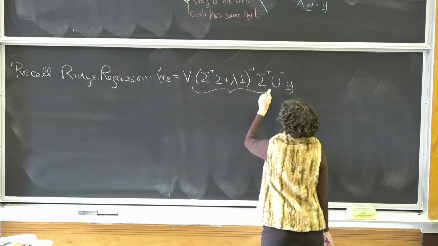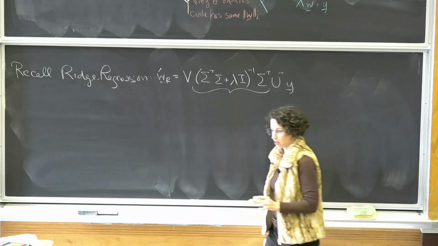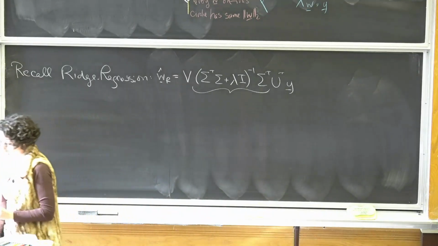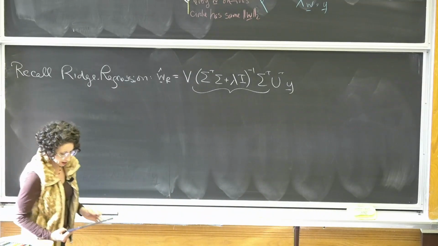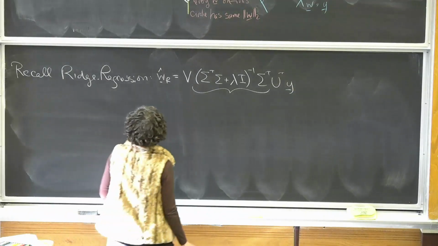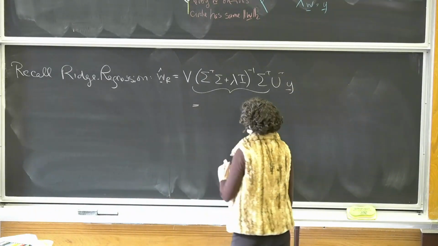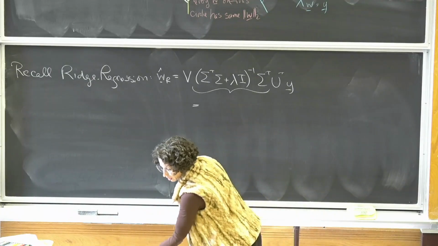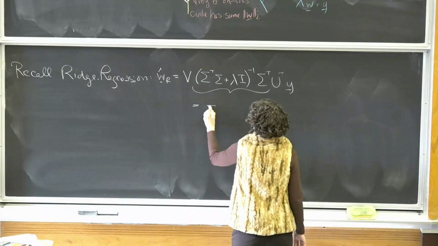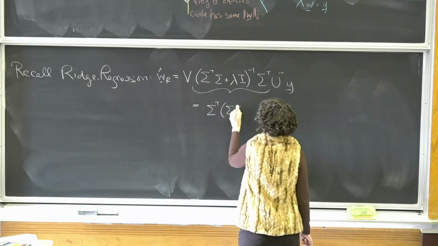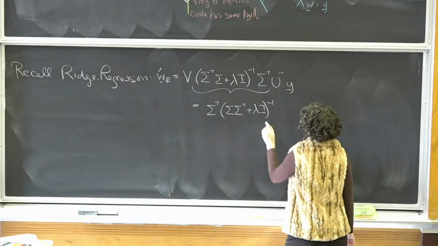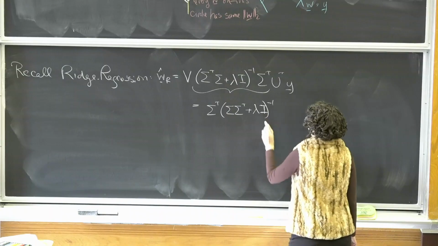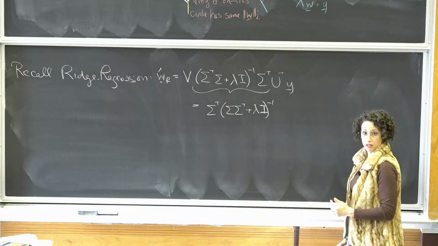And I want to focus on what's happening with these singular value matrices. In particular, this is equivalent to, we just haven't written it this way before, sigma transpose, sigma sigma transpose plus lambda identity inverse. Okay, I can write it either way, and they are the same thing.